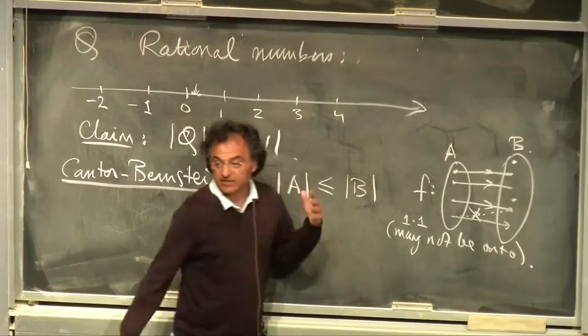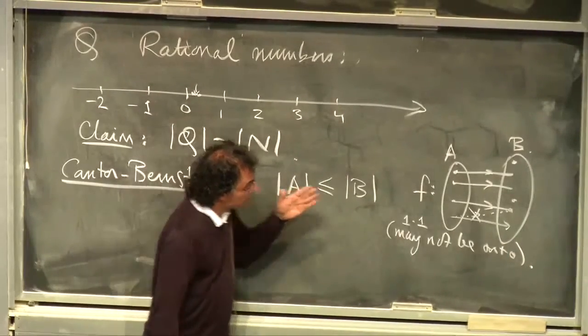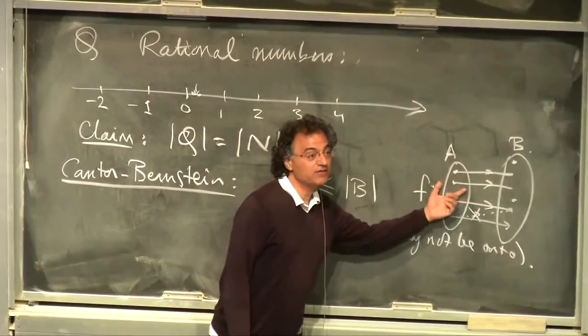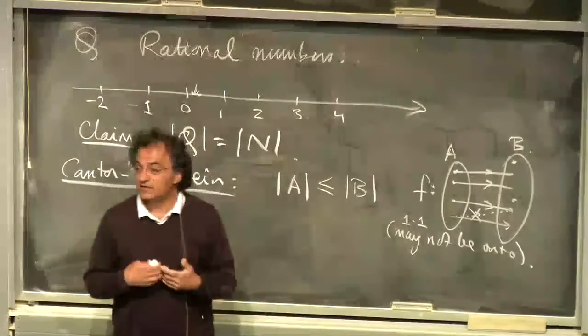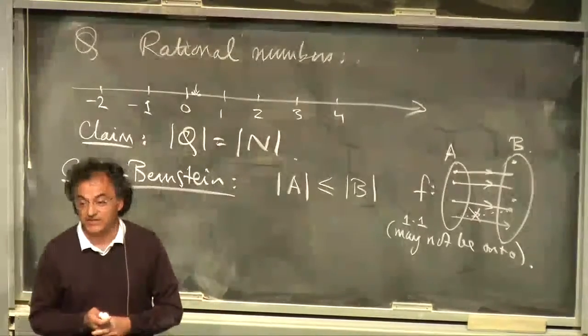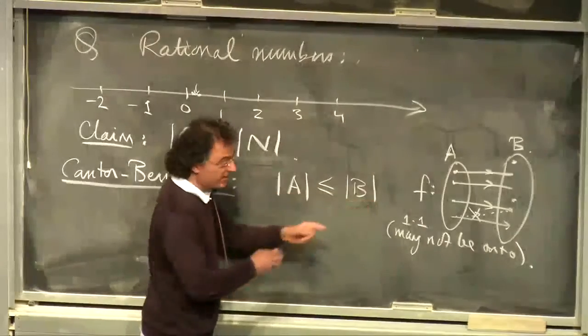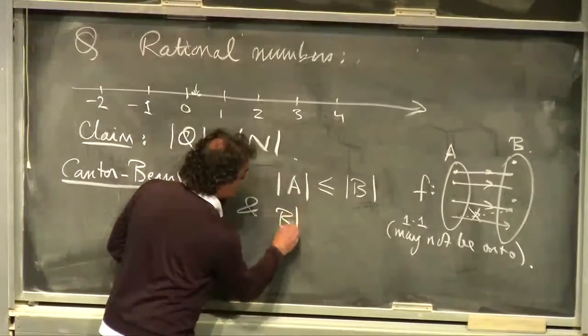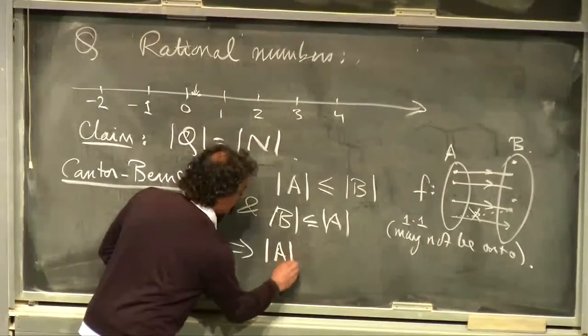It's not necessarily a bijection, but still, if it's one-to-one, then what we are establishing is the cardinality of A is less than or equal to the cardinality of B. Now how would you show that the cardinality of A is equal to the cardinality of B? Well, you'd show A is less than or equal to B, and B is less than or equal to A, implies A equal to B.